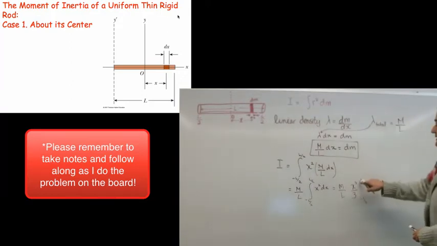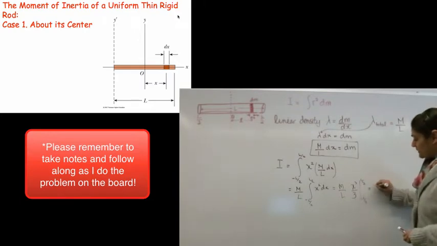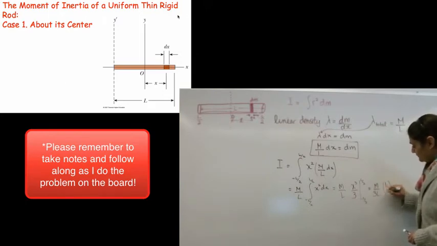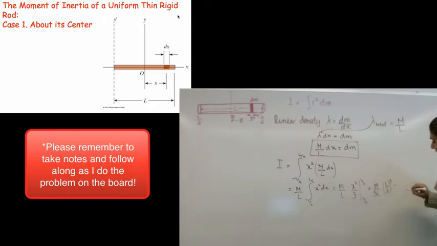So if I plug in the values, I will get m over 3L, (L by 2) cubed minus (minus L by 2) cubed, correct?